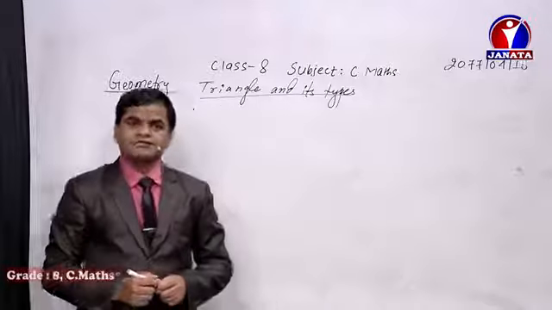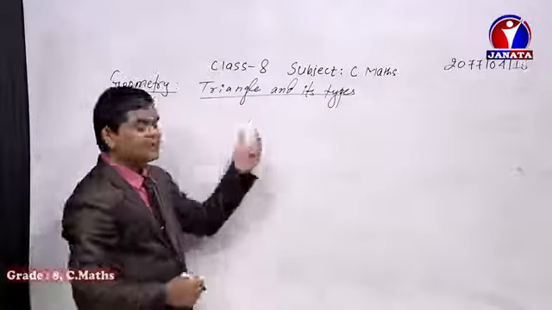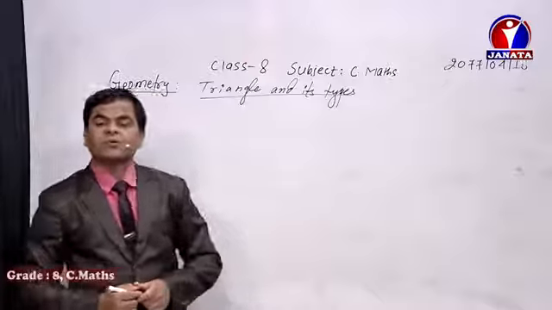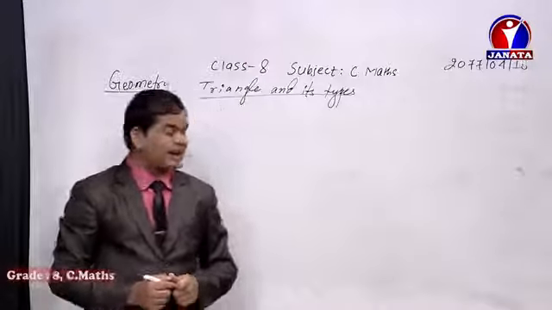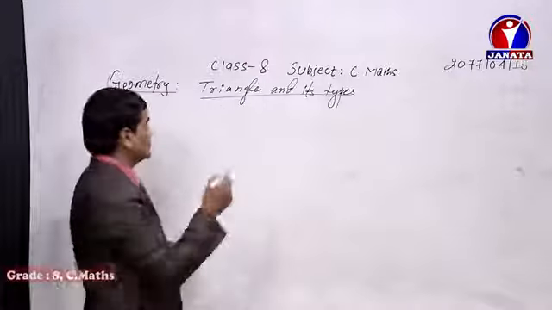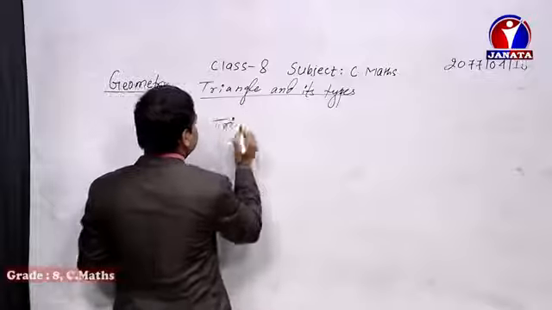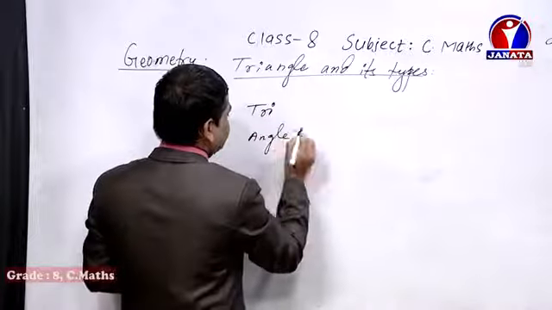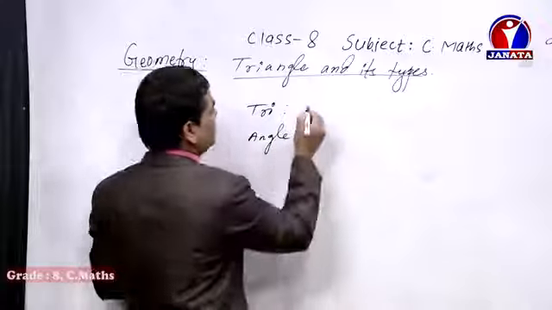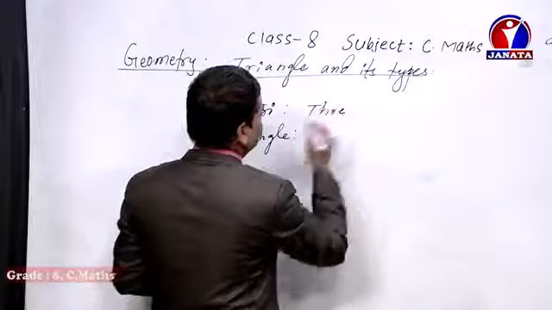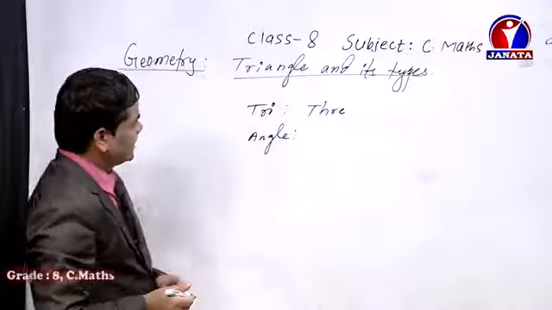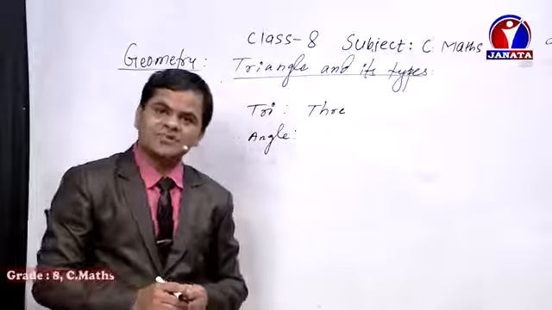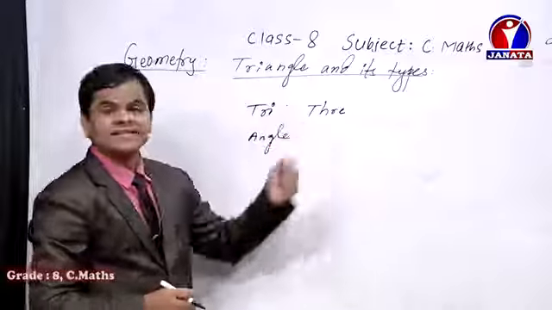Triangle, dear students, is made by two words: tri and angle. The word triangle is formed by tri and angle. Tri means three; it is a Greek word, and if you convert into English, tri represents three.